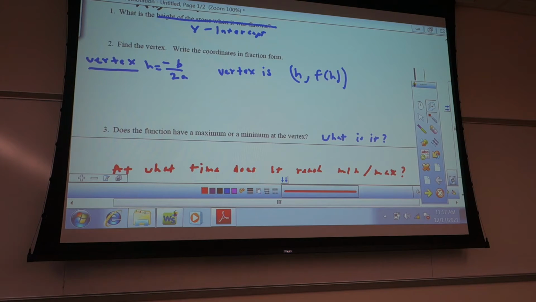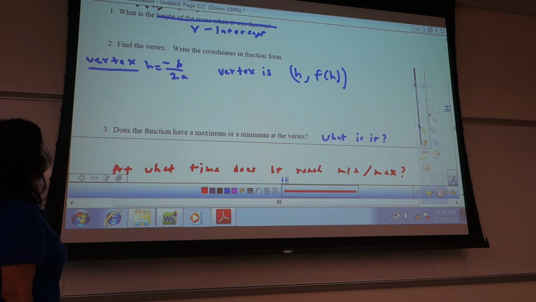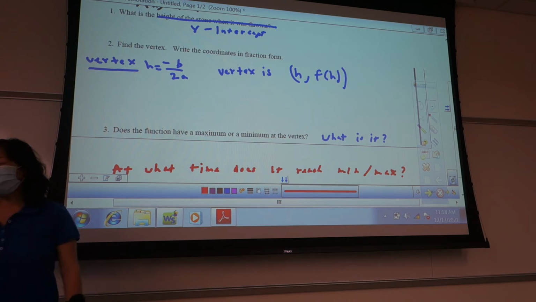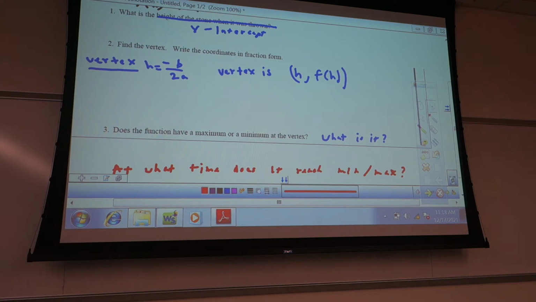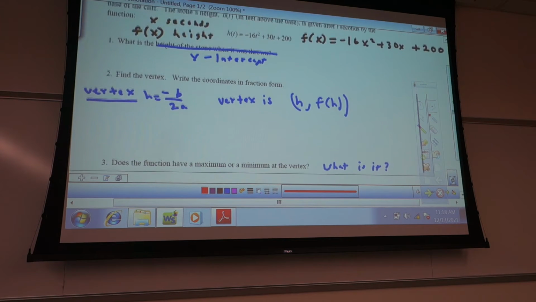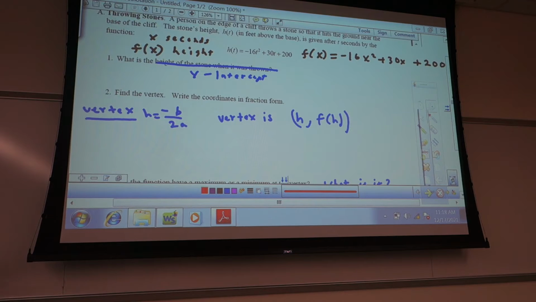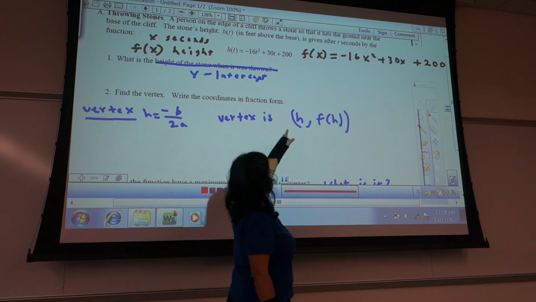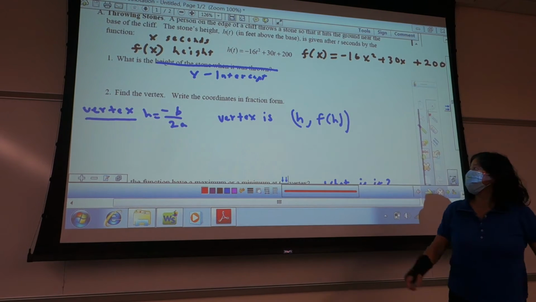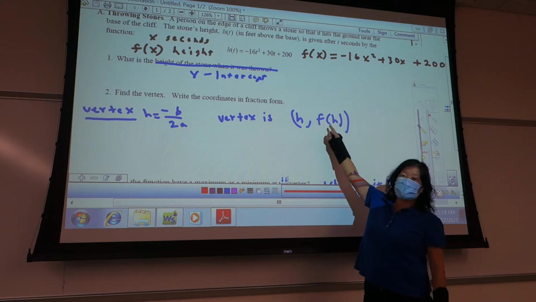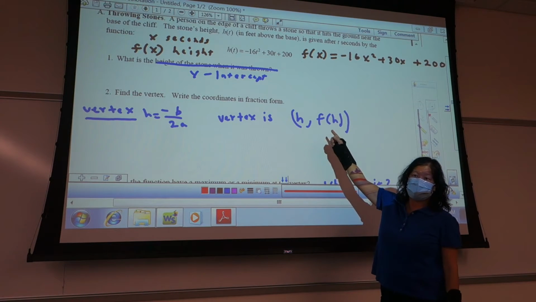I guess I don't understand what each number in the equation represents, as far as putting it into words. Okay, so the vertex is h comma k, h comma f of h. This is k.